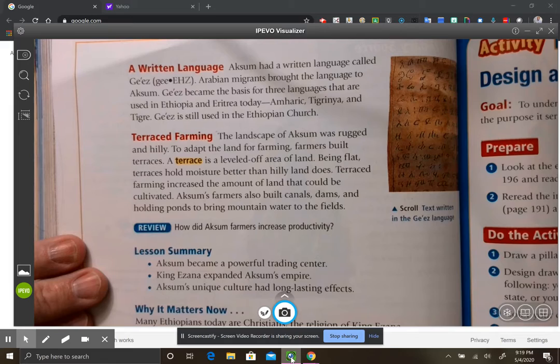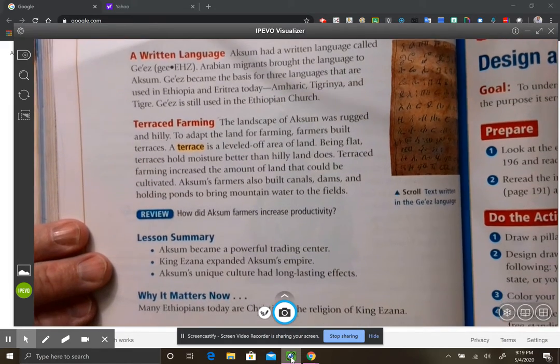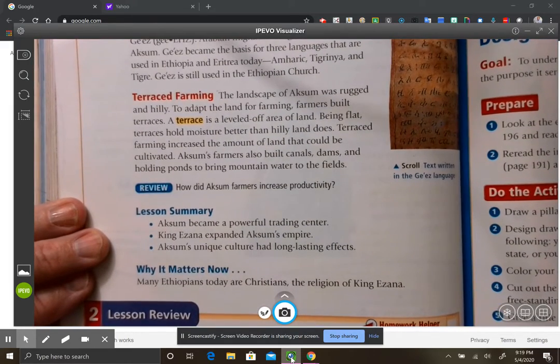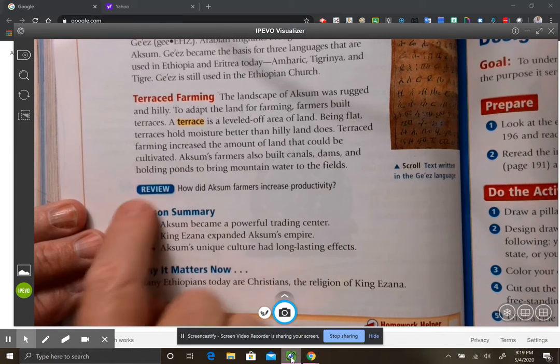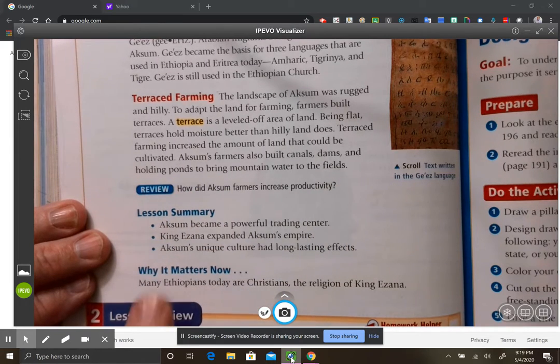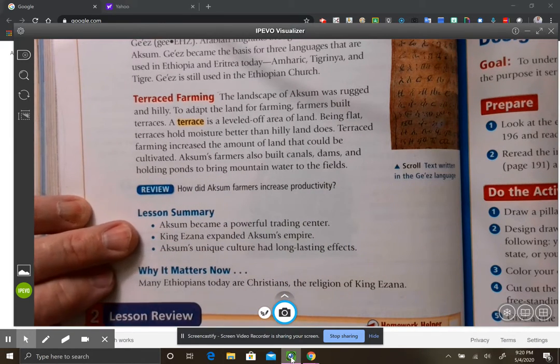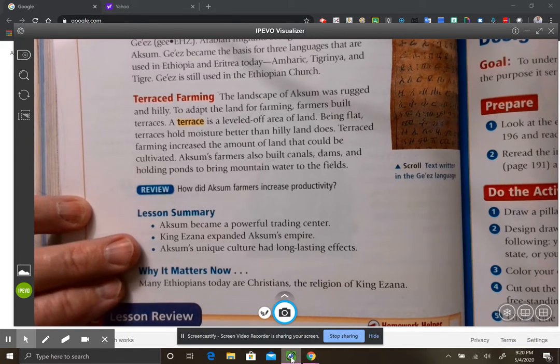Okay, before I stop this reading, you may like to look at the lesson summary. They have three bullet points for us. Aksum became a powerful trading center. And remember, trade is important to growth. King Azana expanded Aksum's empire.